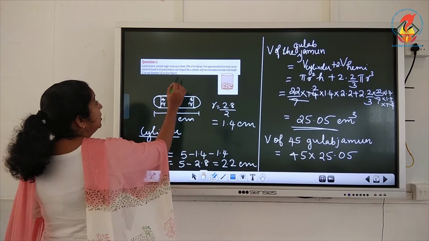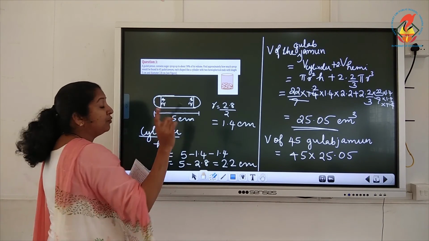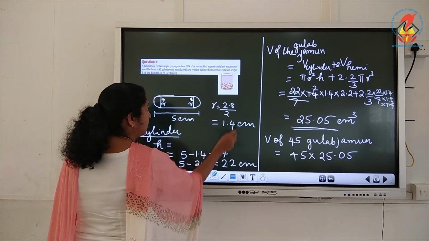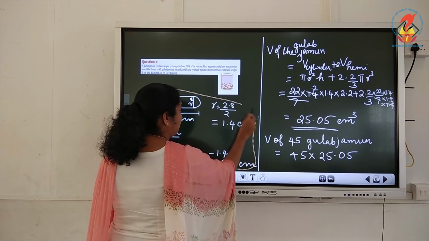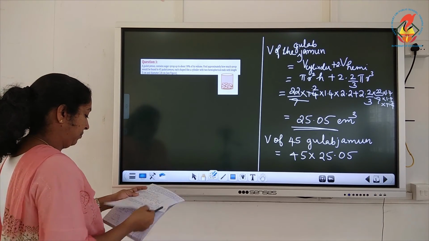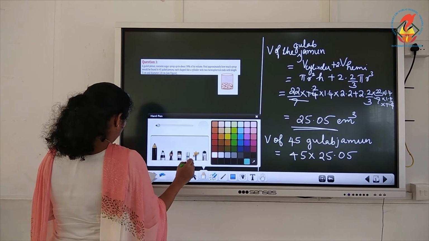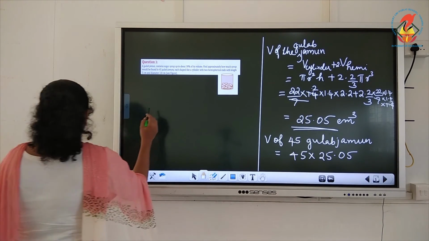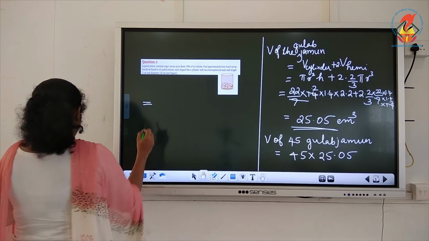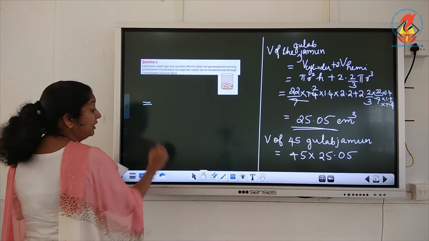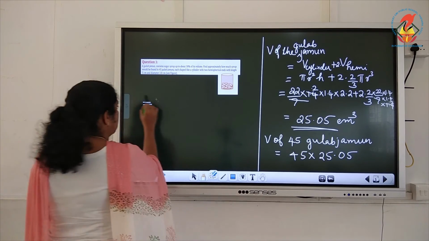What is given? How many are there? 45 are there. So, you have to find volume of 45 gulab jamun. It is equal to 45 into 25.05, which is equal to 45, what we need is 30% of this.